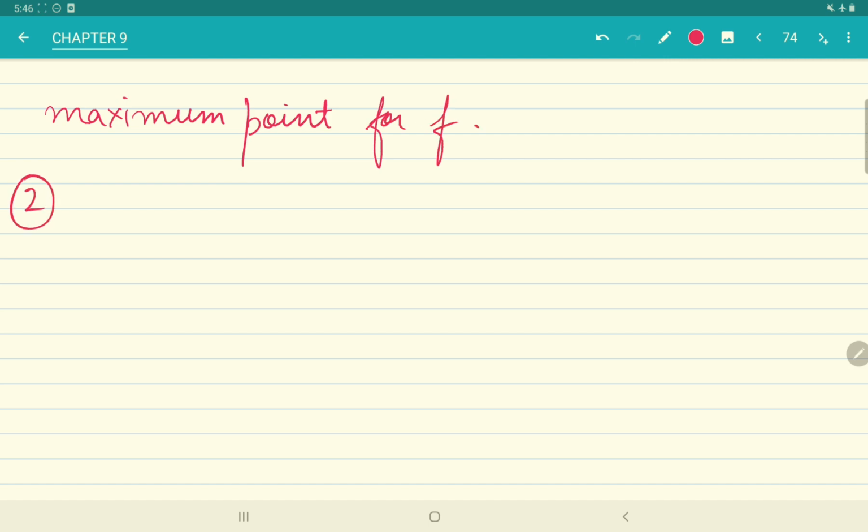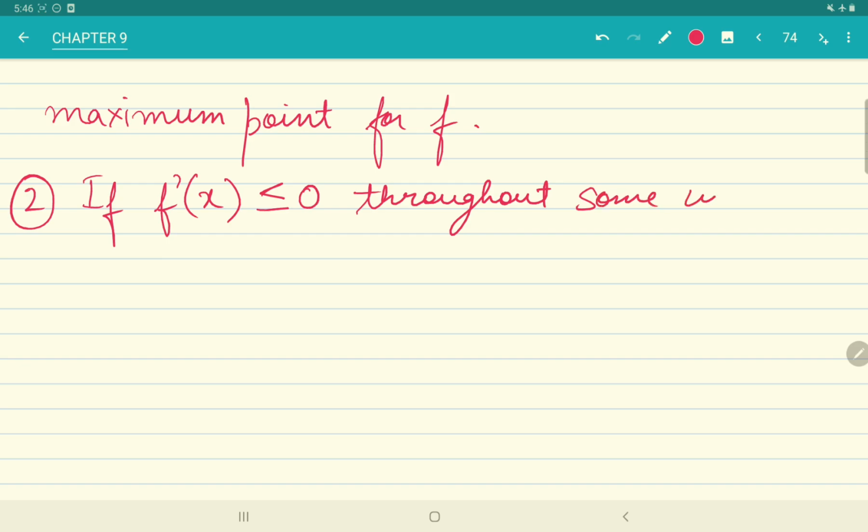Second thing to note here is that if f prime x is less than or equal to 0 throughout some interval a to c to the left of c, so now it's the other way.